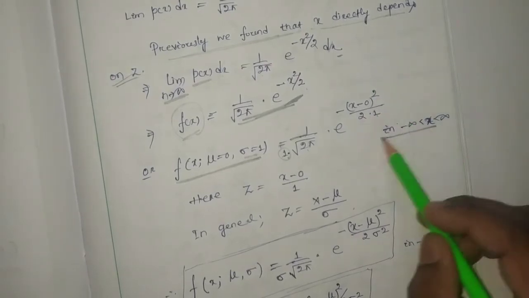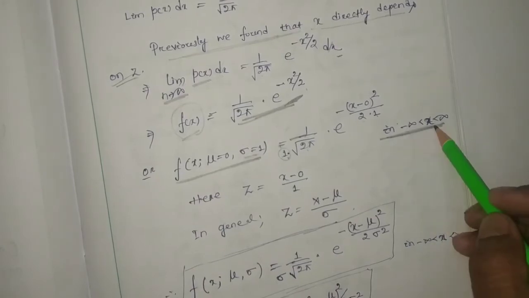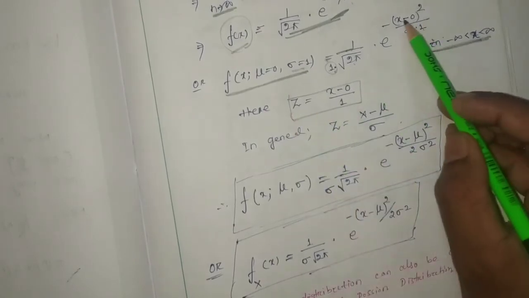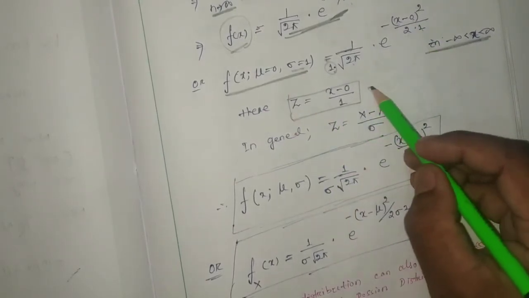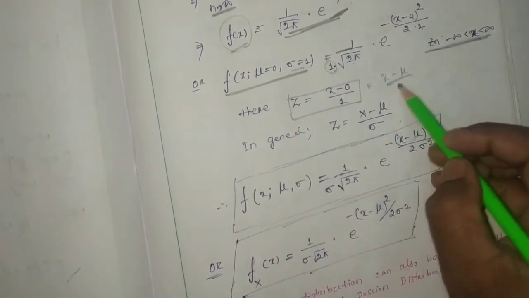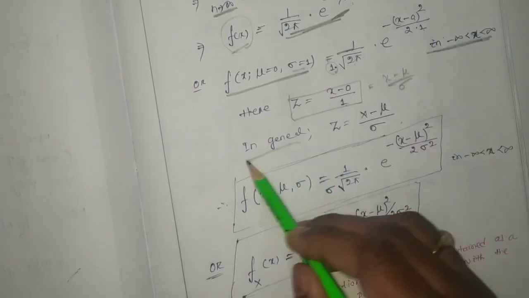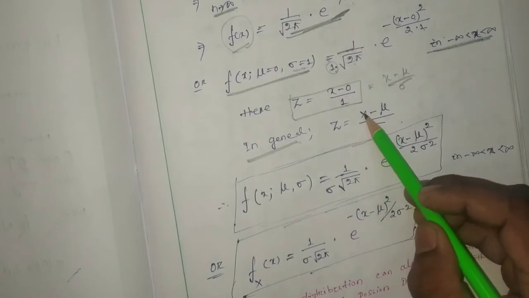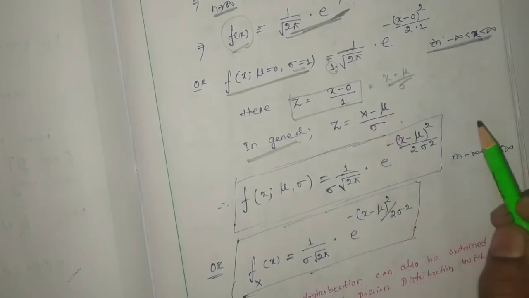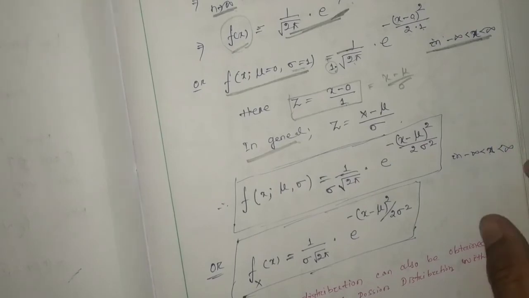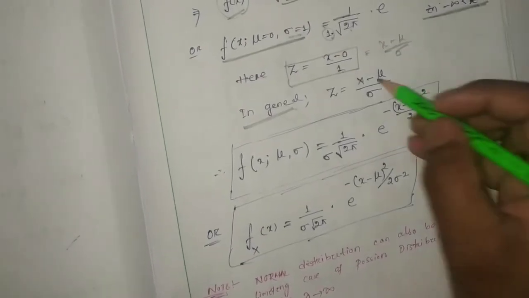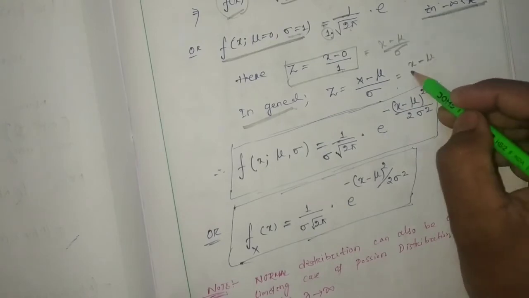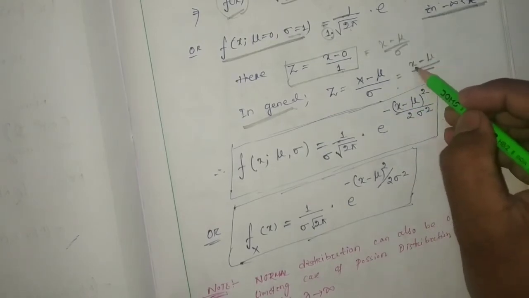The range is minus infinity to plus infinity, and here z, the variate, is nothing but x minus 0 by 1, because it is x minus mu by sigma. In general, z will be equal to capital X minus mu by sigma, where capital X takes the values x.